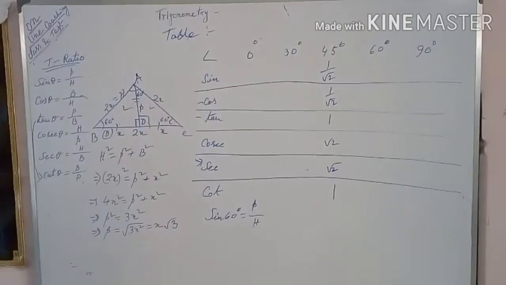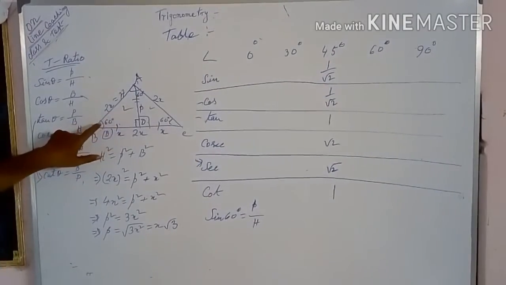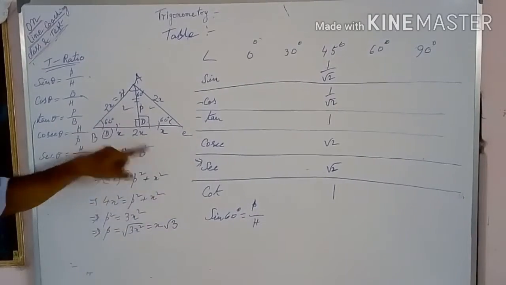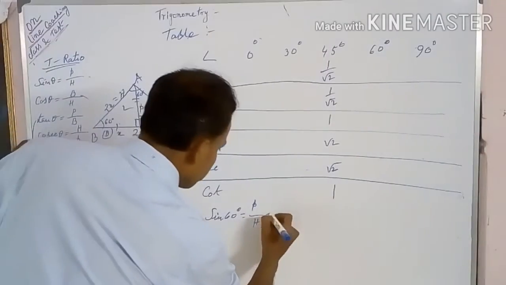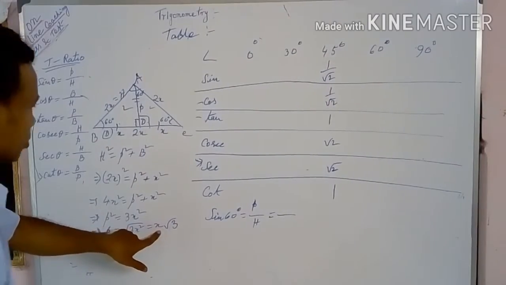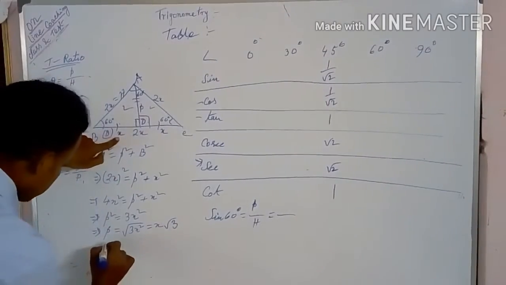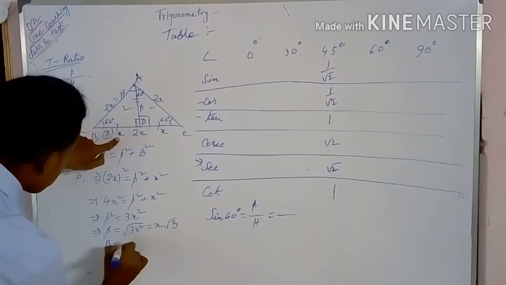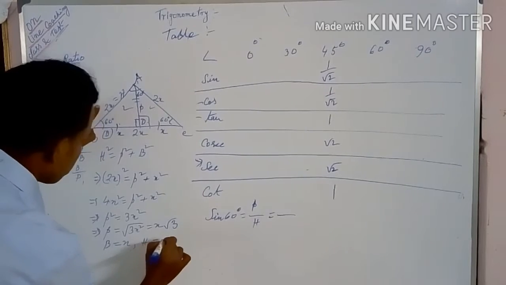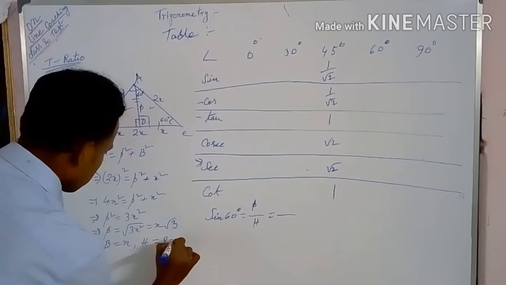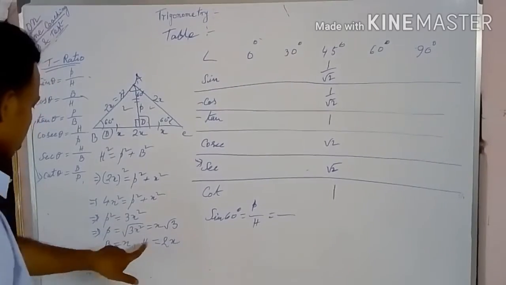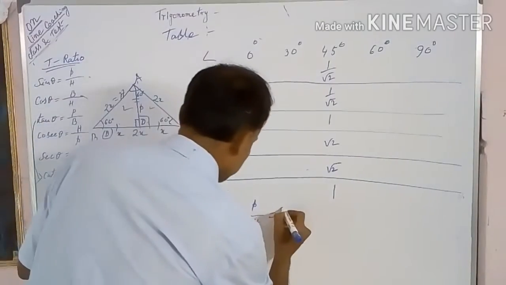If theta is equal to 60 degree, then sin 60 degree is equal to perpendicular by hypotenuse. Put the value. Perpendicular is equal to x root 3, base is equal to x, and hypotenuse is 2x.